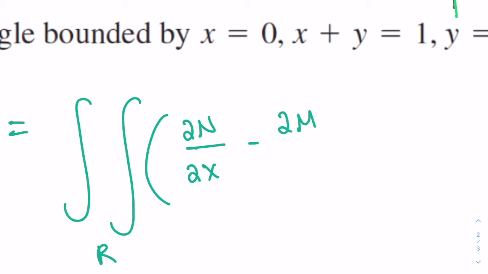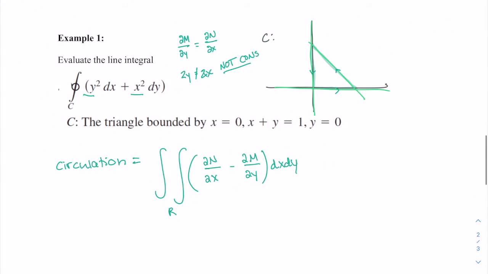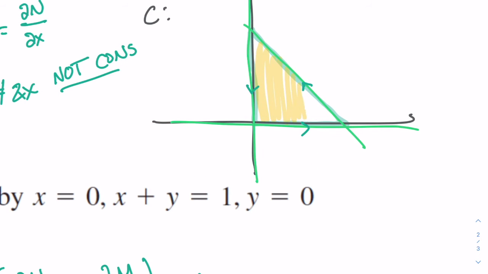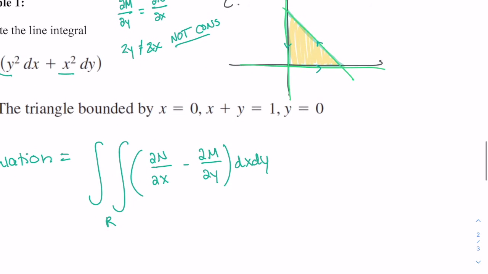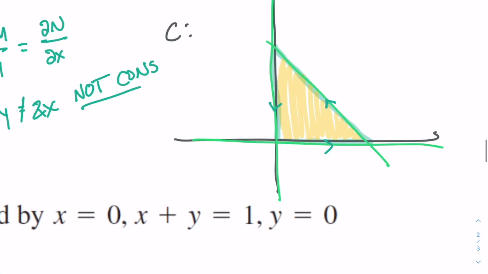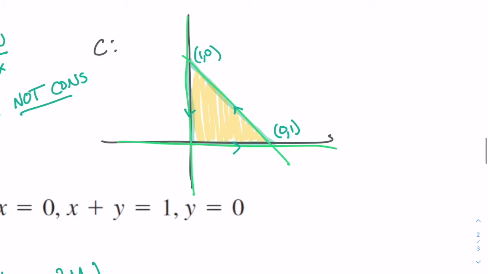So it's the double integral over this region, where the integrand is that curl term. So let's set this up with some actual numbers. It might be helpful if I write these intersection points real quick. That's (1, 0) and that will be (0, 1). This line, if I solve it in terms of y, is y equals 1 minus x.